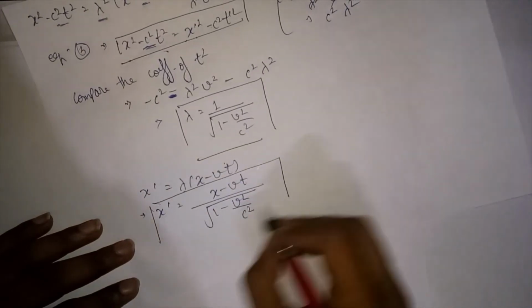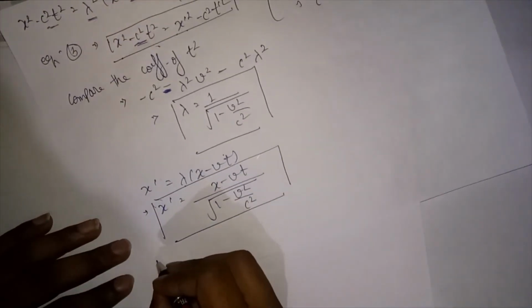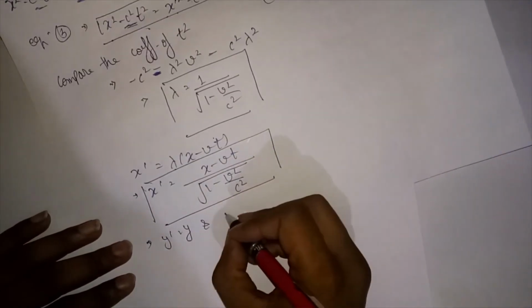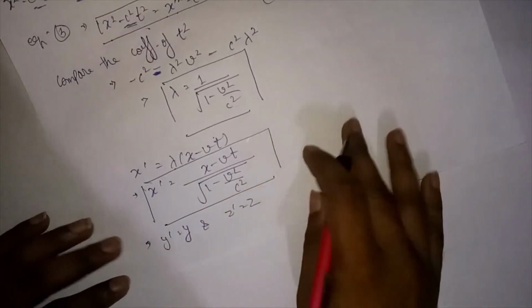This is the value of x dash, and y dash equals y, because we are working only in the x axis, and z dash equals z.